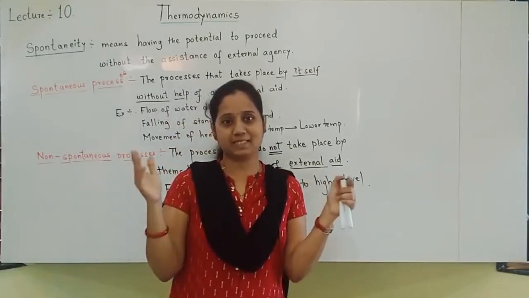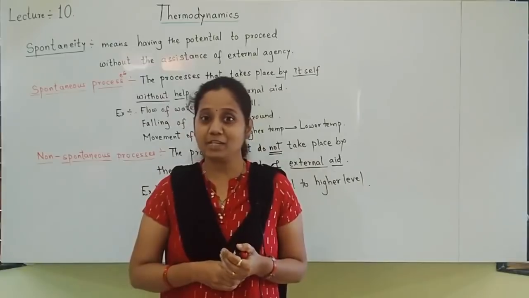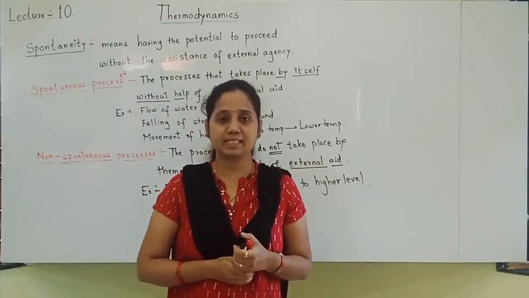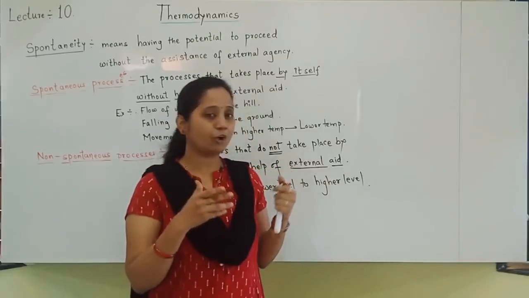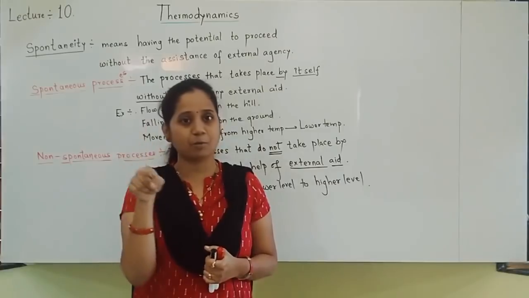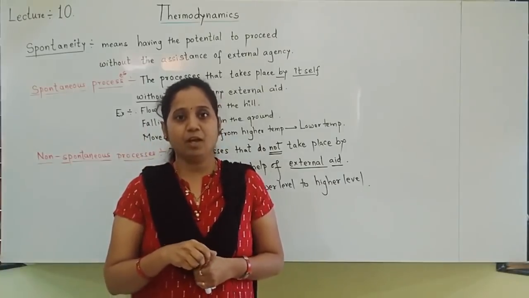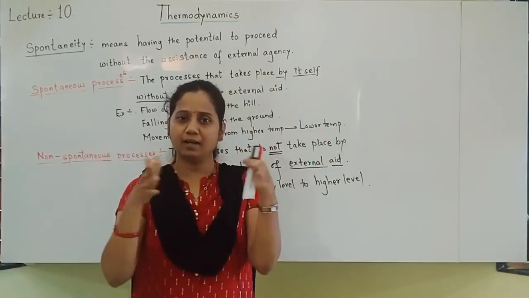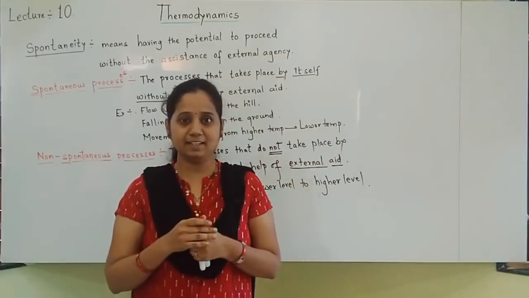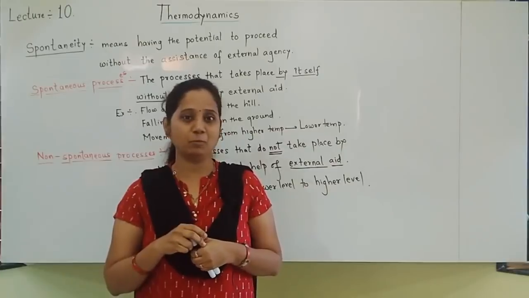How much randomness is there? That is measured using entropy. So let us see the entropy topic in detail. Entropy is indicated by the symbol capital S. How much more disorderness, randomness is there, that much entropy will be more.